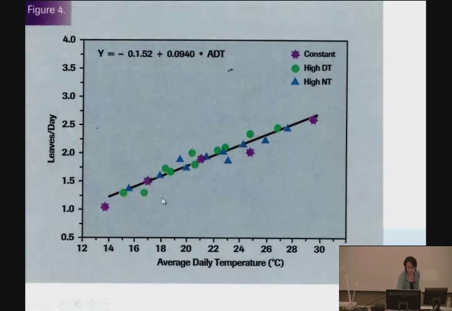And then if they plot the data like this, by average temperature, the 24-hour average, it shows that regardless of the actual temperature combination, whether it is constant, for example, 22 degrees, or maybe 26 degrees C during the day and 18 degrees C during the night, making the average 22, regardless of the combinations, you can explain that development rate just using the 24-hour average temperature.